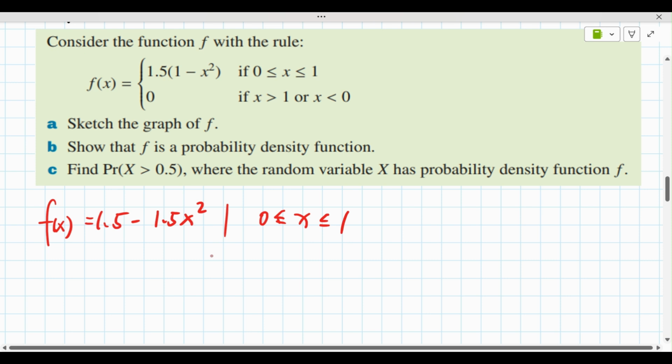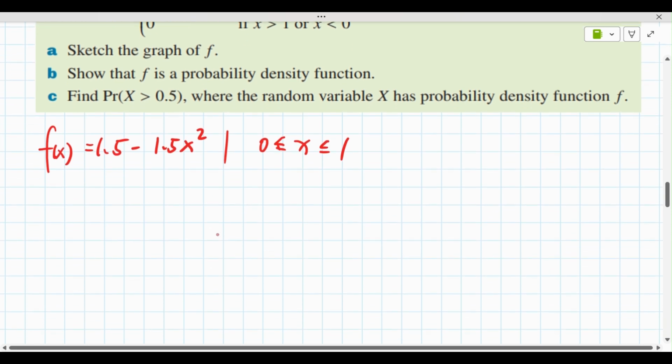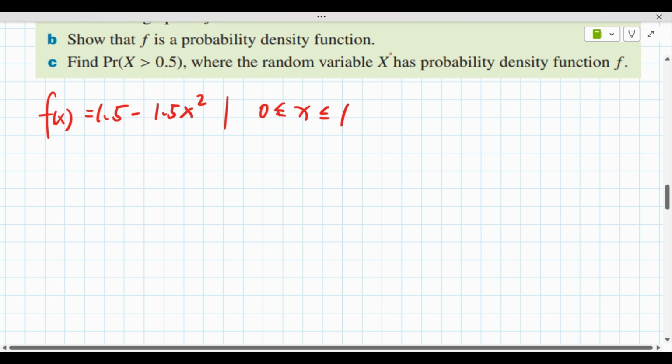For the graph, we need to know our intercepts first. The y-intercept is 1.5, so the point (0, 1.5), and at 1, the point (1, 0). If x equals 1, then f(x) equals 0. So now you have that.